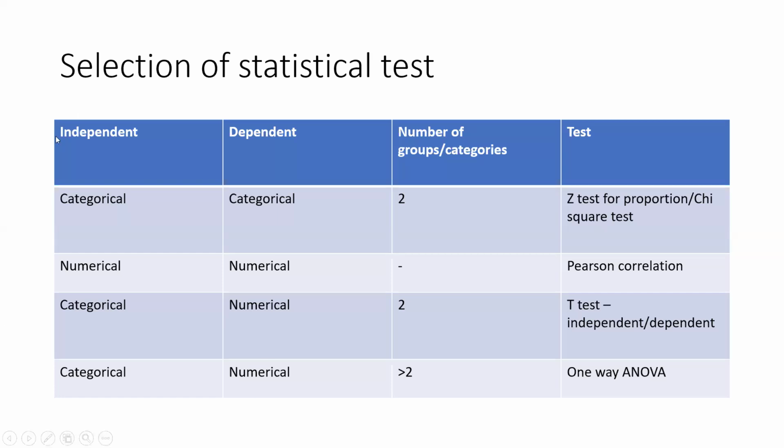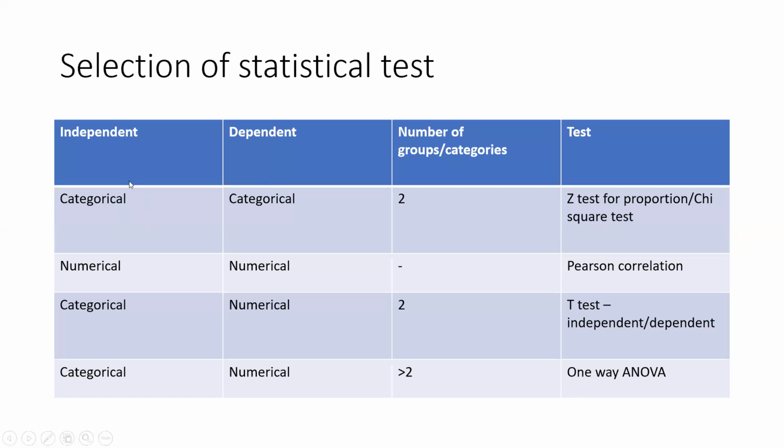The independent variable is categorical and the dependent variable is categorical, with only two categories. We can use the Z test for proportion and the chi-square test. An example is smoking and lung cancer. For smoking, we have two categories, smoking yes and smoking no, that means exposure positive and exposure negative.